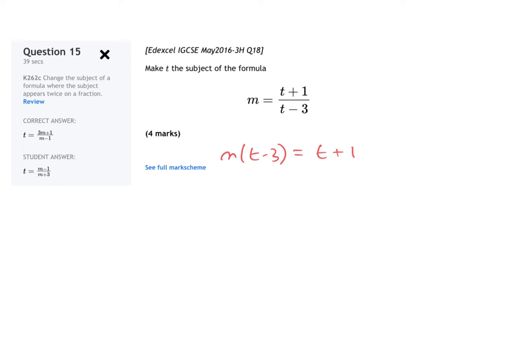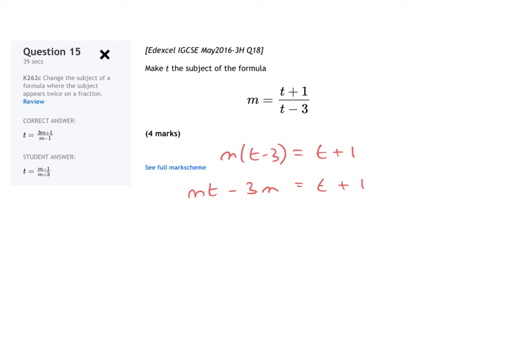Now the bracket on the left-hand side, I will need to expand so I can pull the t term outside. So that's going to give me, multiplying that out, mt minus 3m equals t plus 1. Now the next thing to do will be to move the t terms to the left-hand side and the non-t terms to the right-hand side. I'll do it in 2 steps.